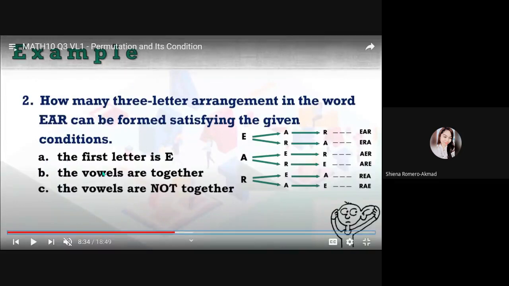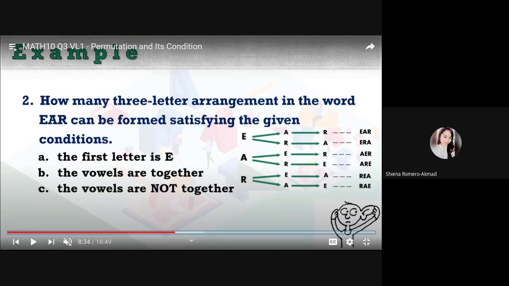Sa letter A, yung first letter daw ay E. So ilan daw dito sa mga arrangement na to, ang first letter ay E. Ilan kaya? 2. And that's EAR and ERA. How about for letter B? The vowels are together. Ilan? 3 po. 3 lang? 4.